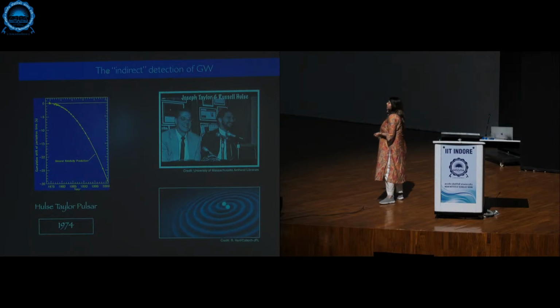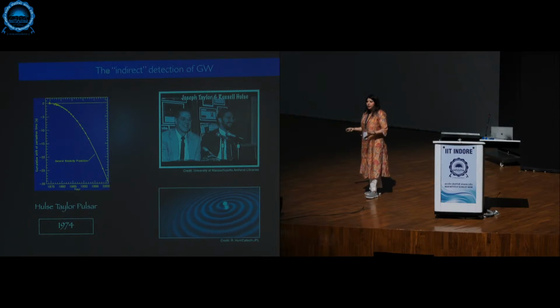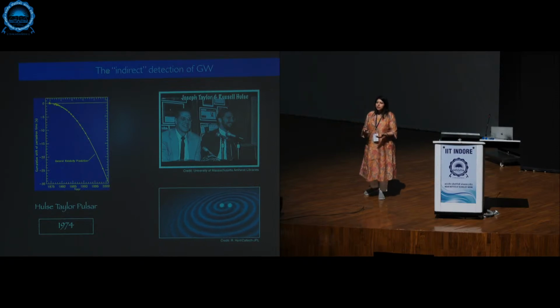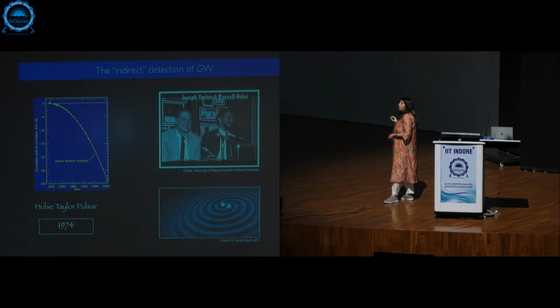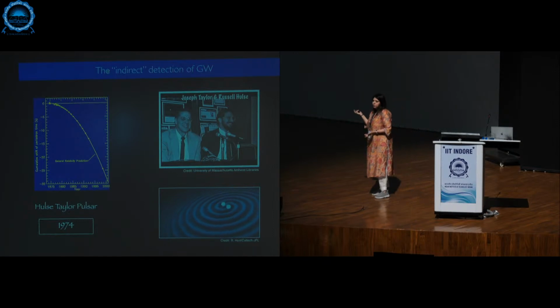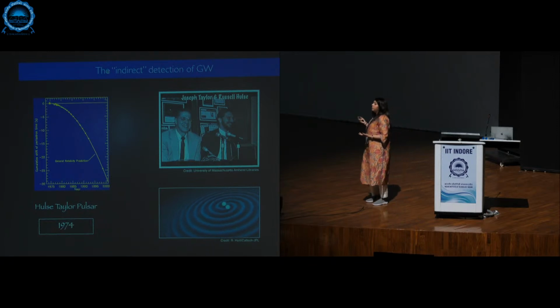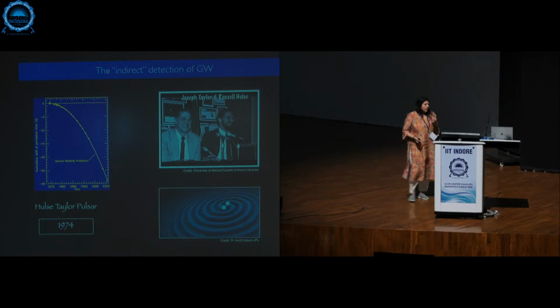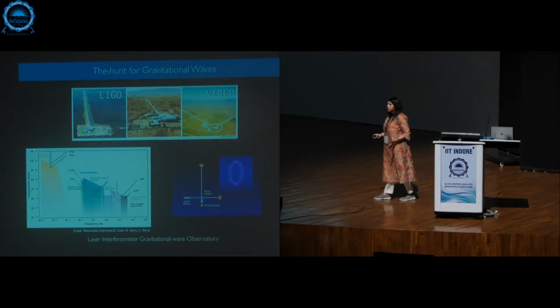And so this confirmed Einstein's theory that gravitational waves would be emitted by such binary systems. Taylor and Hulse obtained the Nobel Prize because of this discovery, and also because they established that gravitational waves exist, although this was an indirect detection.